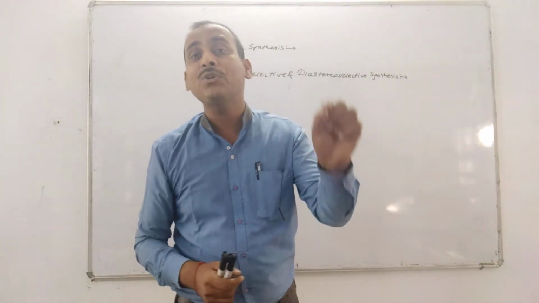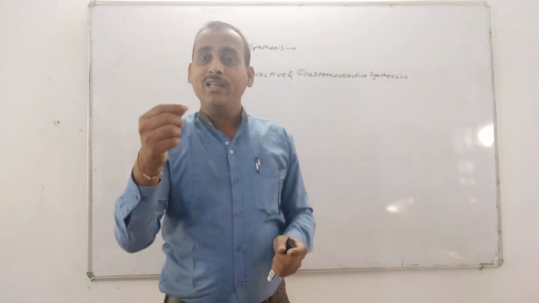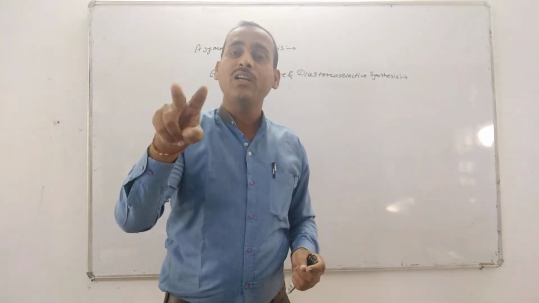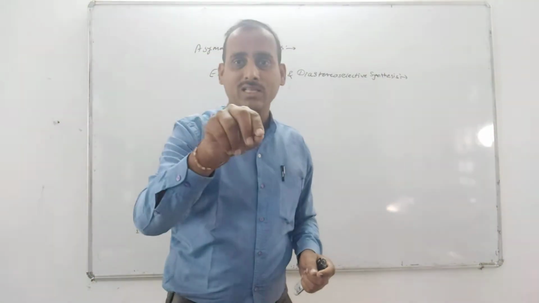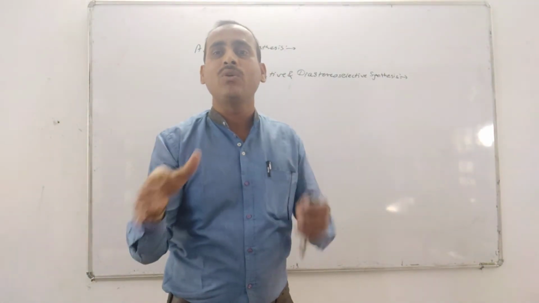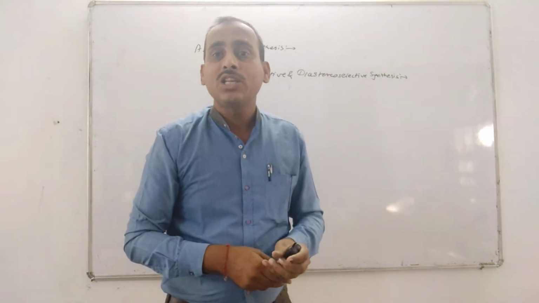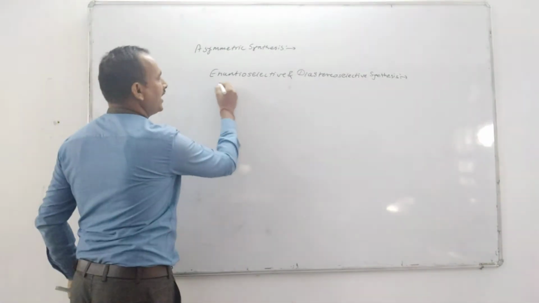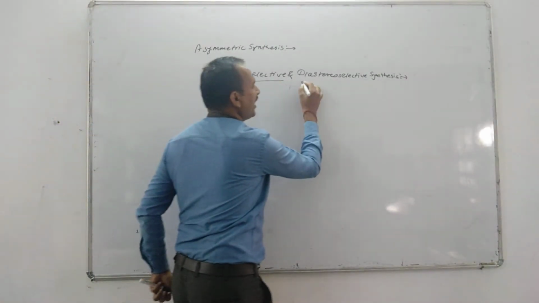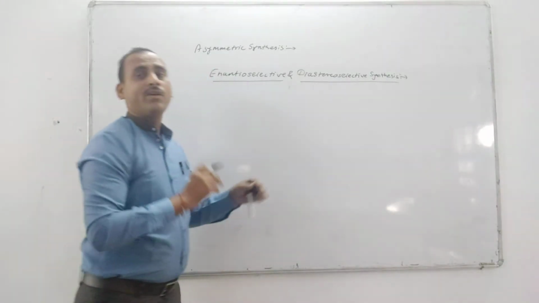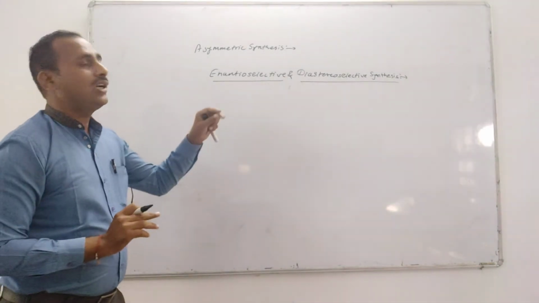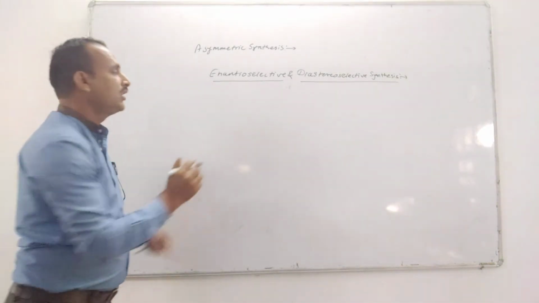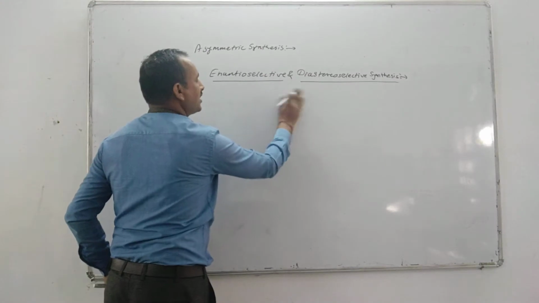In stereoselective reactions, there are two products, one in excess and one in less amount. And stereoselective reactions are again of two types, enantioselective and diastereoselective reactions.